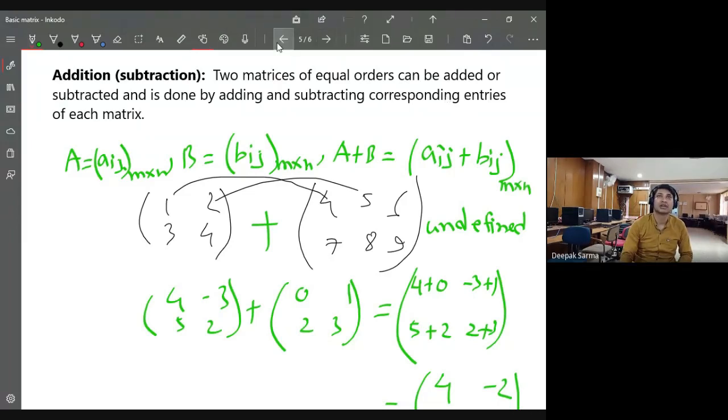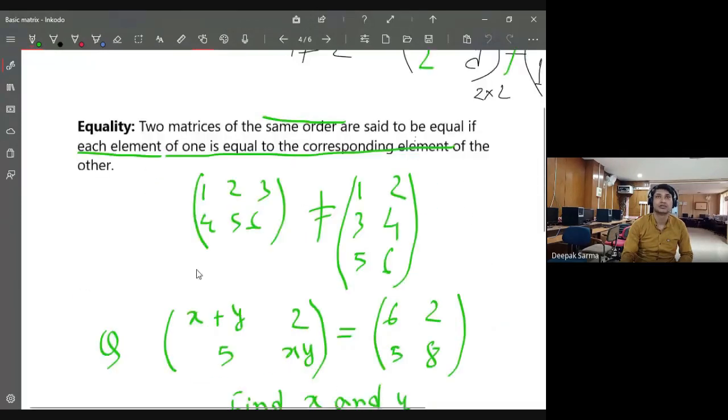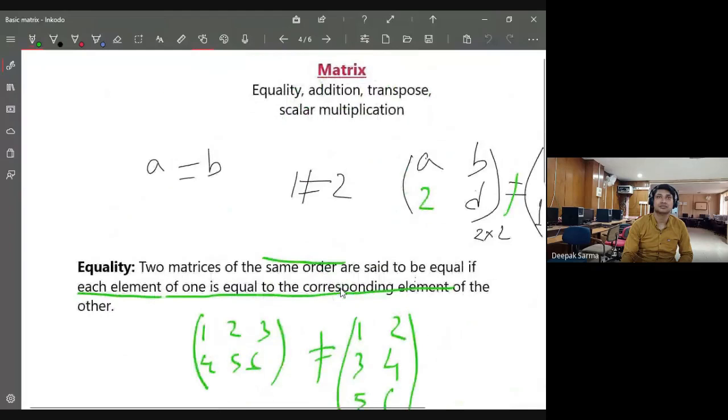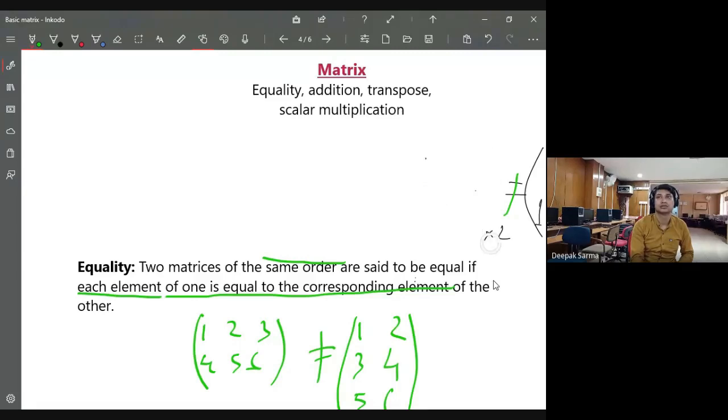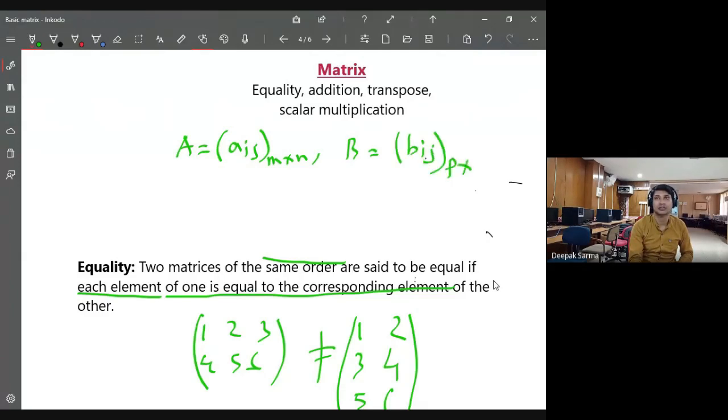Again, if you want to define symbolically, the definition of equality: the two matrices are equal when... So if I have two matrices, suppose A equals Aij of order m cross n, and B equals Bij of order p cross q.